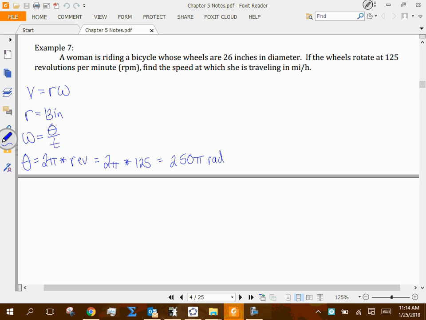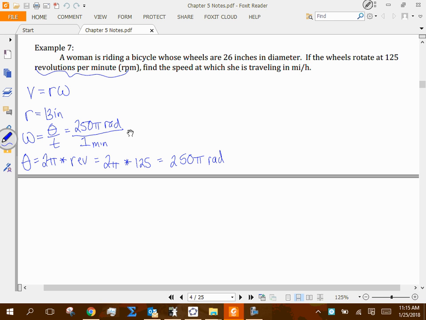The next thing we're going to do is say, okay, if I now know theta is 250 pi radians, and I've watched this thing, when it says revolutions per minute, does that per minute tell me a time? Yeah.